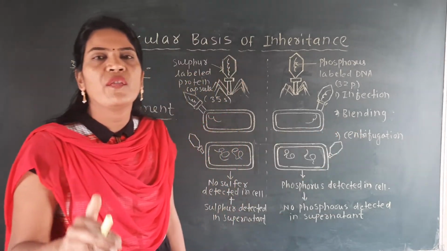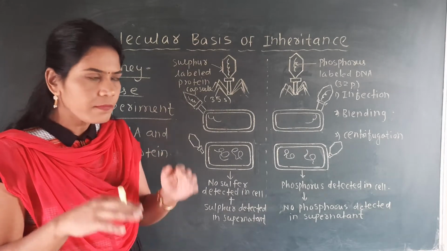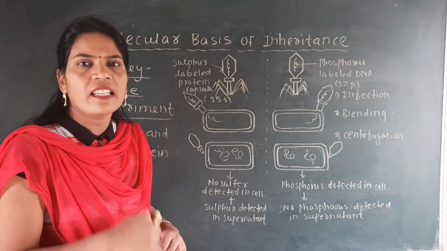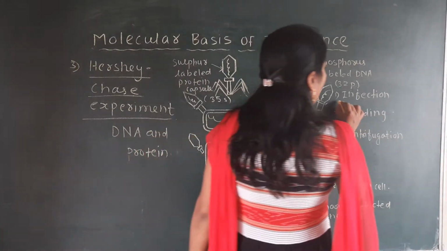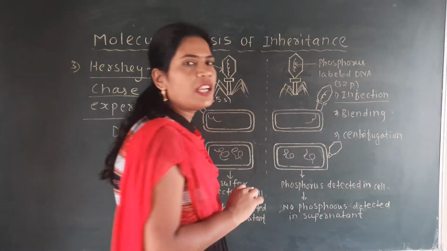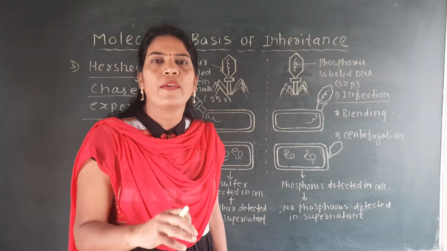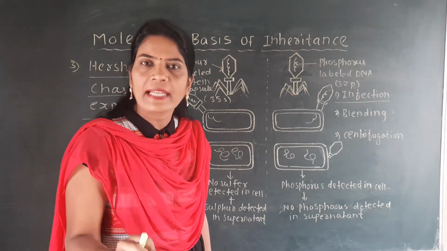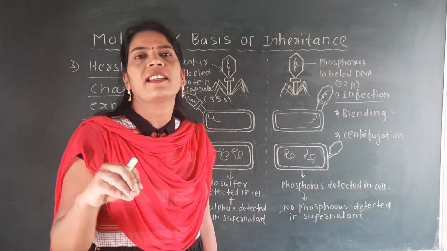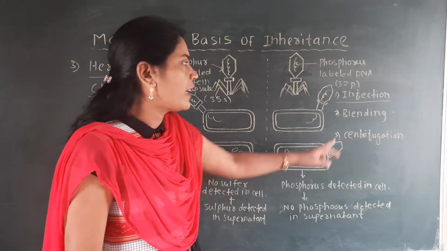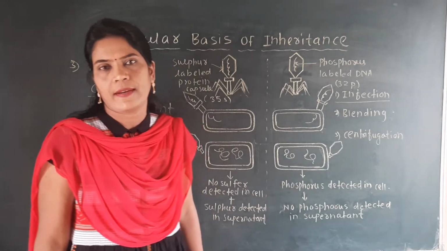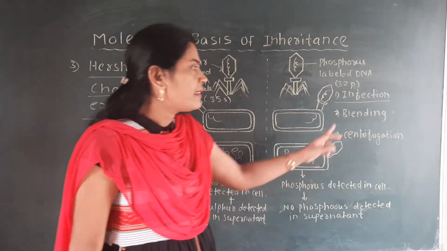Then what is meant by infection and what is meant by blending? The first step in his experiment is called infection. Infection means when any bacteriophage infects the bacteria and injects its genetic material inside the bacteria, that process we call infection. Blending is the second step.